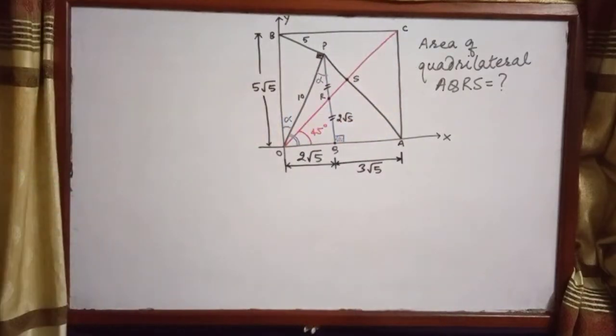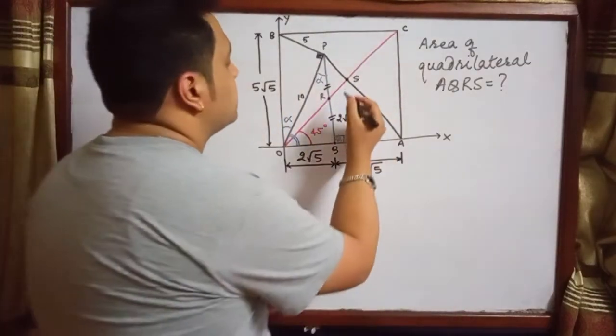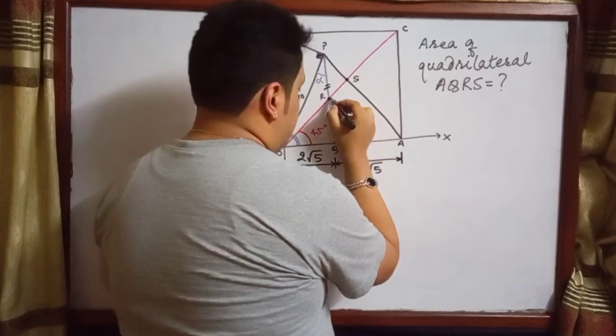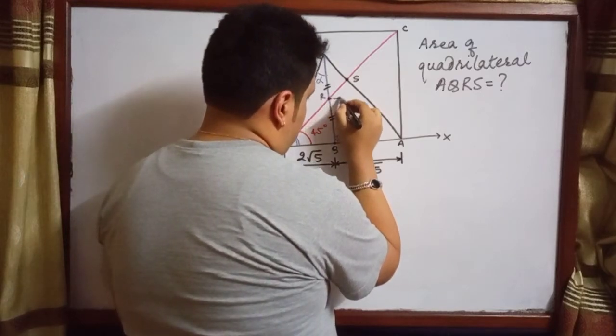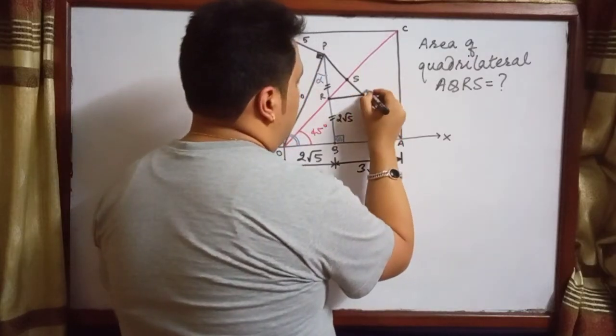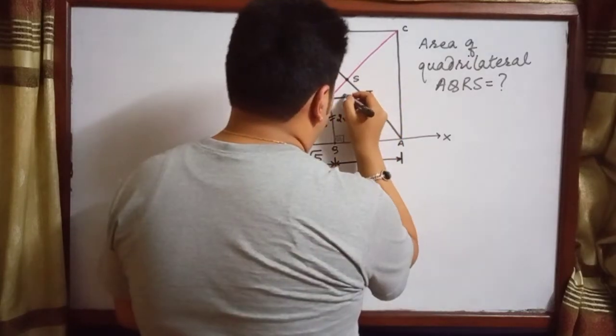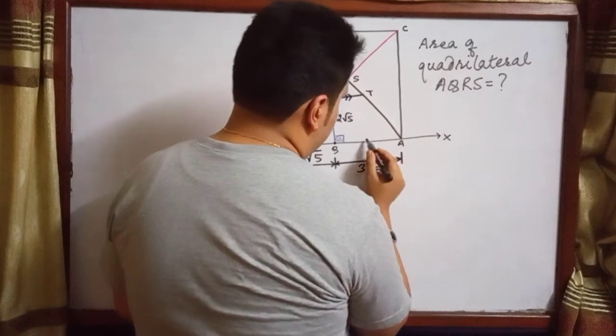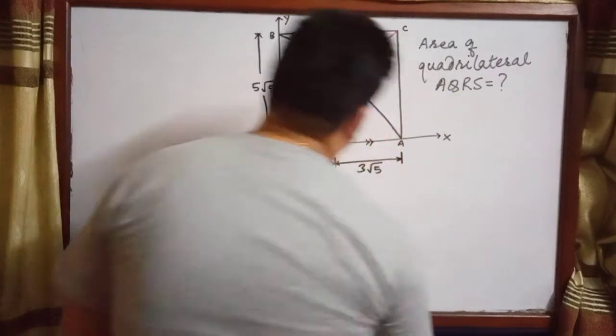Now, what we do is we draw a line RT parallel to QA like this.